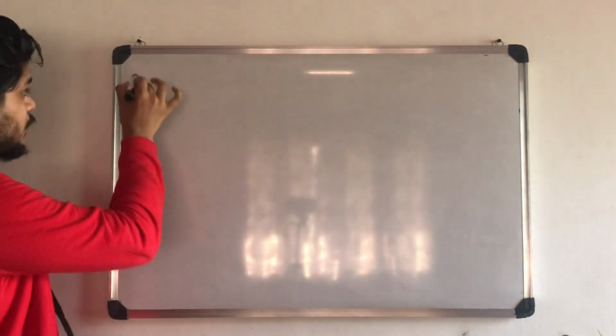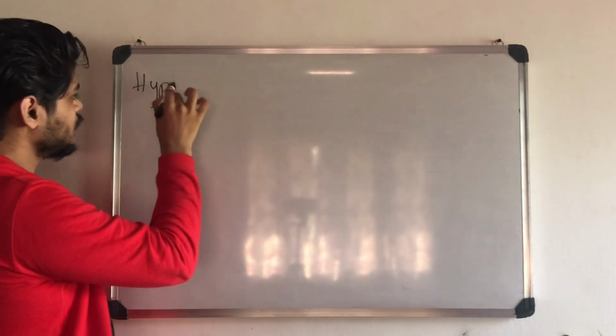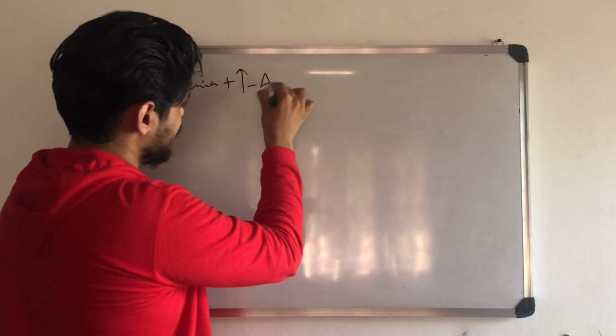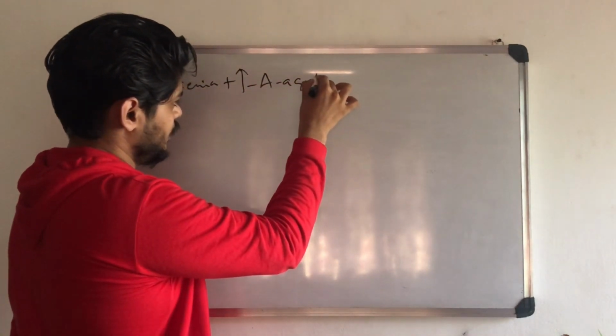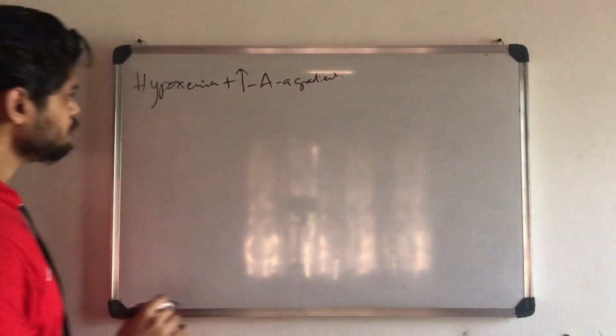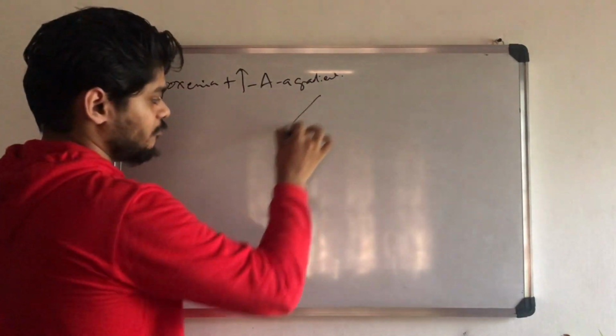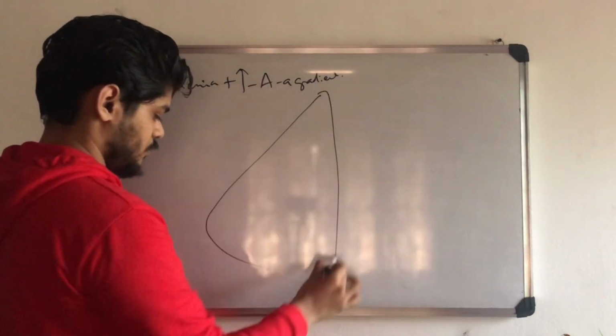Okay, now we are going to deal with hypoxemia with increased AA gradient. So for better understanding, let me divide the lung into 3 parts.